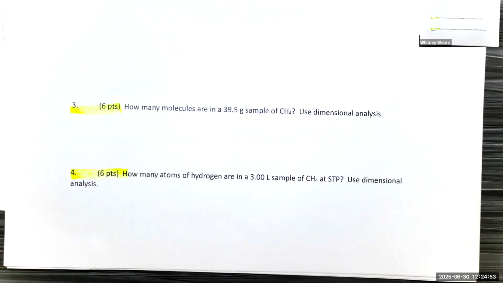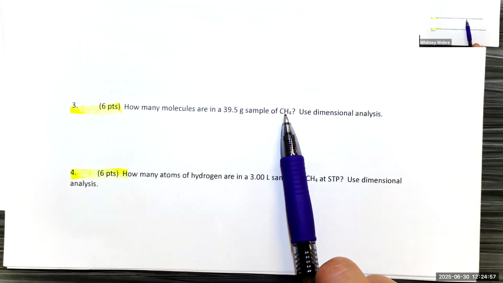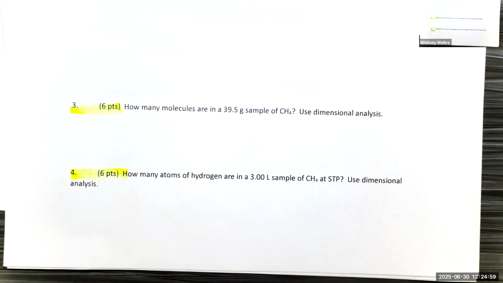First we need to create some equivalents. Using the mole triangle, if I'm looking at CH4, what are the representative particles for CH4? And what I mean by that is, is it formula units? Is it ions? Is it molecules? Is it atoms?